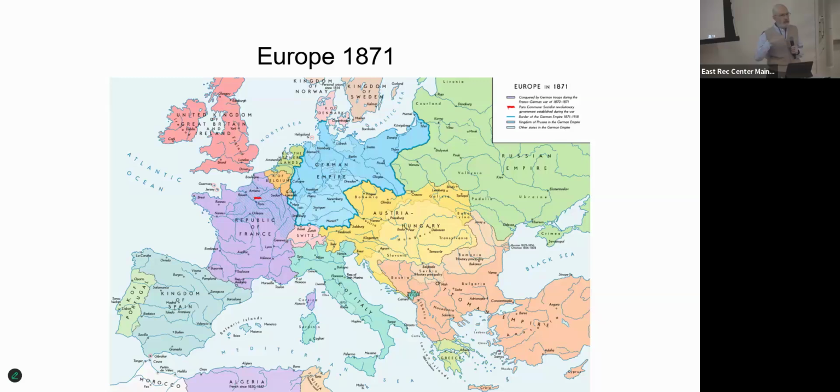They'd be drafted anytime over 13, 14, 15, and actually sometimes as young as 8. They were subject to pressures to convert to Russian Orthodoxy, and they were known as Cantonists.